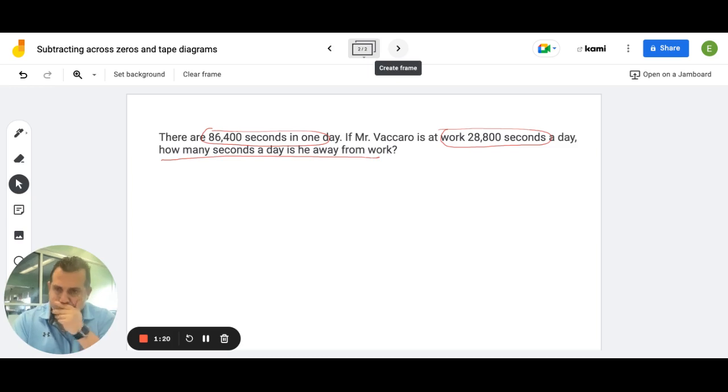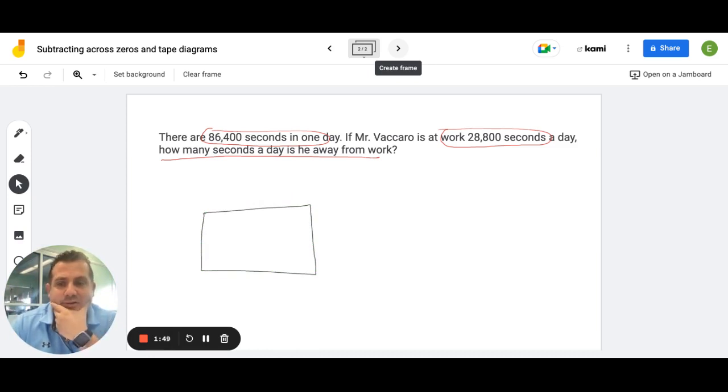Okay. So what I'm going to draw to represent my information is a tape diagram. A tape diagram is very simple to draw. I'm just going to draw a rectangle, and I'm going to split it into parts.